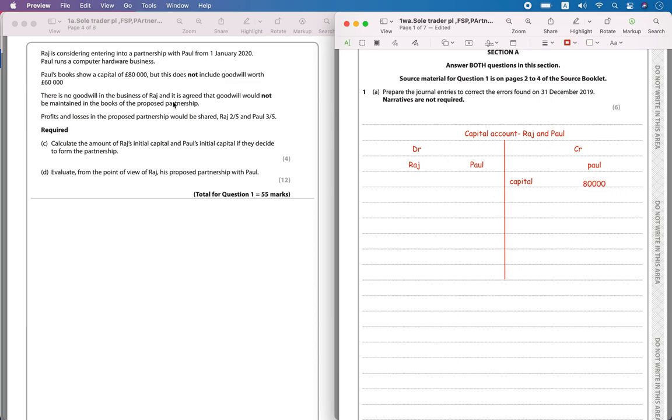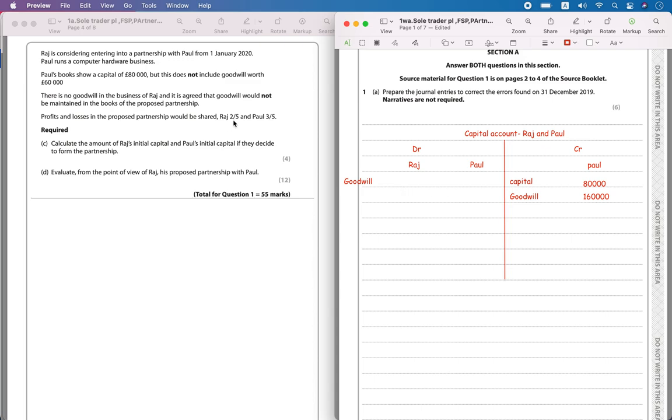Because the goodwill was not there earlier, I'm going to first introduce the goodwill in his account. So goodwill amount is going to be 60,000. Now I have to remove the goodwill from here, because they don't want the goodwill maintained. This is goodwill removed.